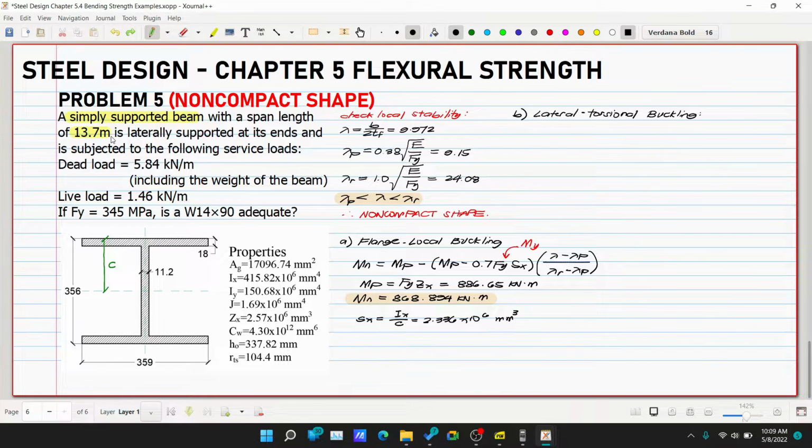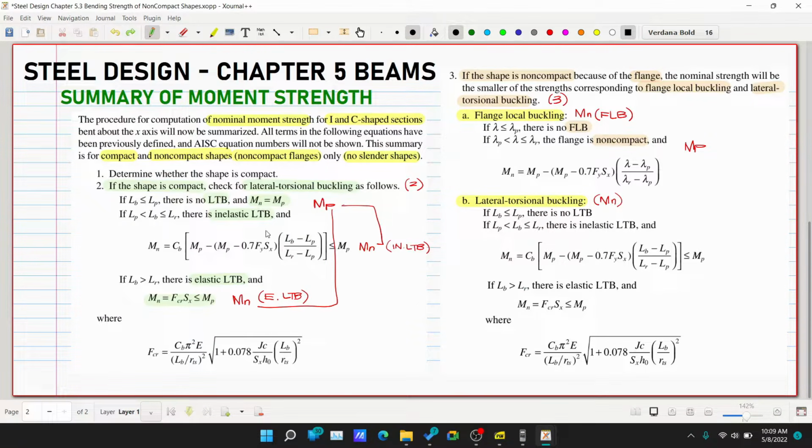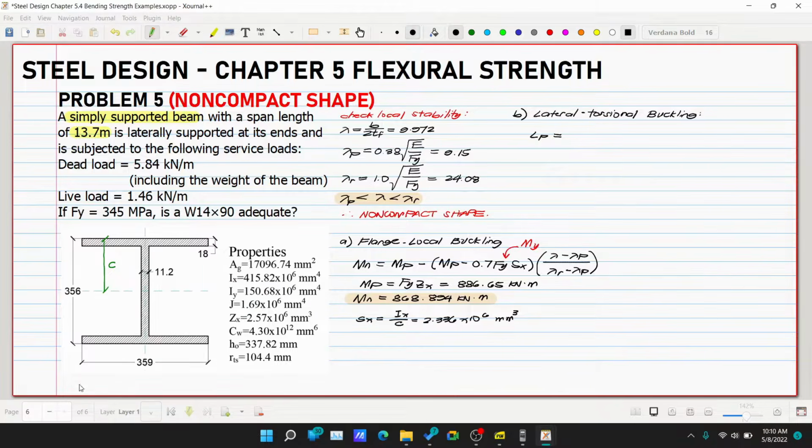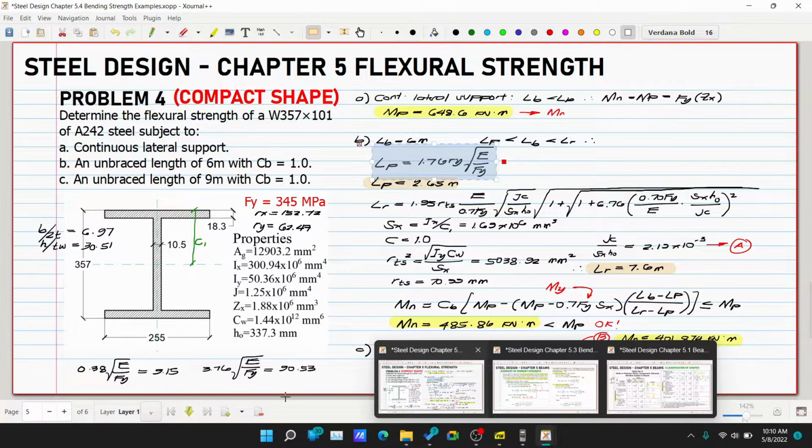So, ang ating Lb is 13.7. So, solve natin yung Lp. Equation natin para sa Lp. Okay, wala rito. So, siguro i-copy na lang natin nasa problem number 3 or 4. Okay, yan. So, ito yung para sa Lp.